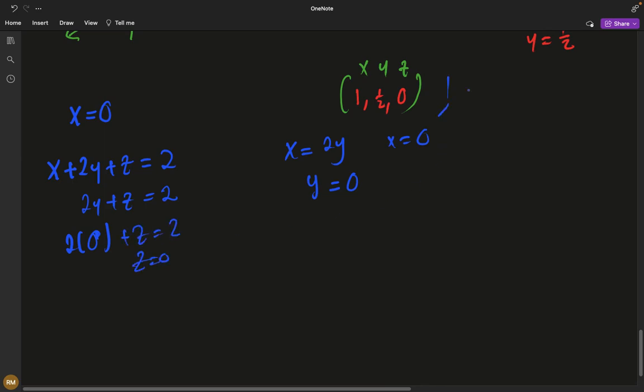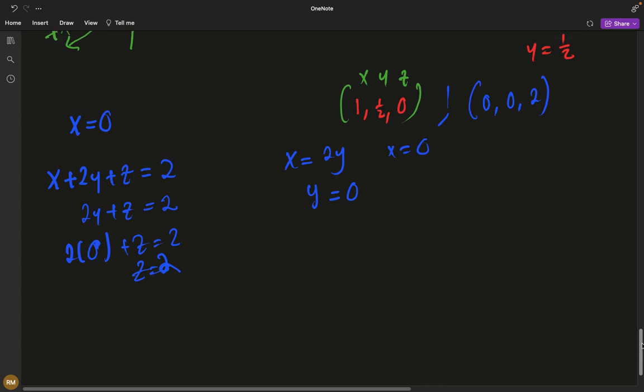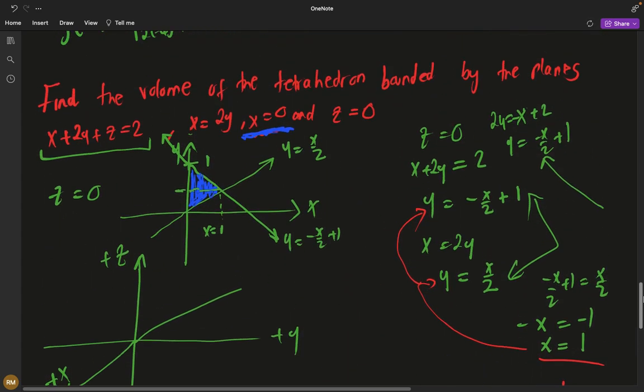So this point will be x = 0, with a y of 0 and a z of 2, right?